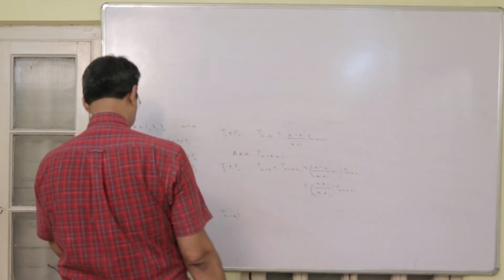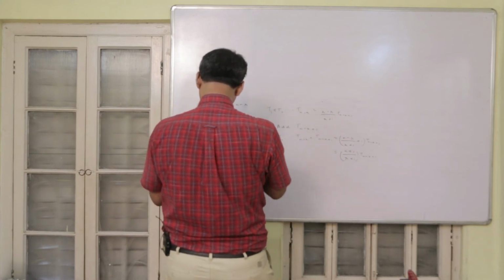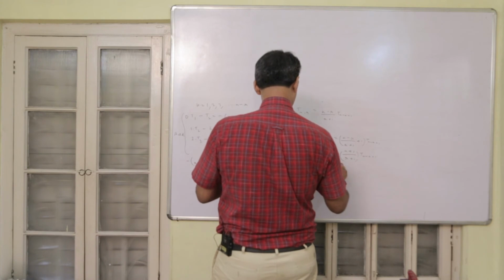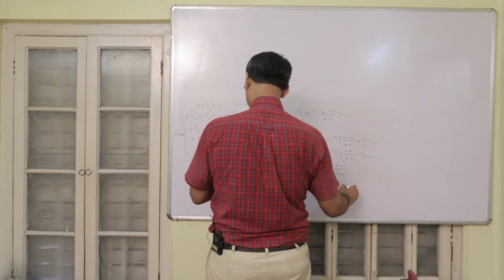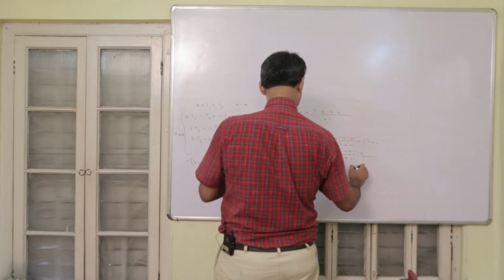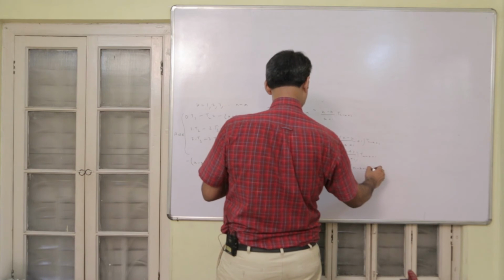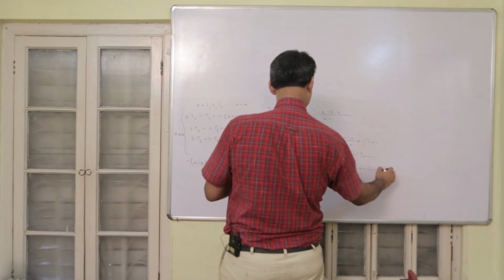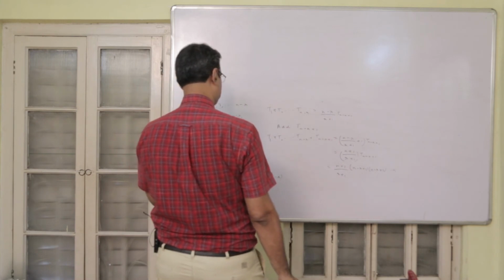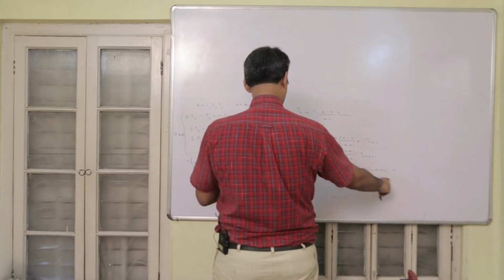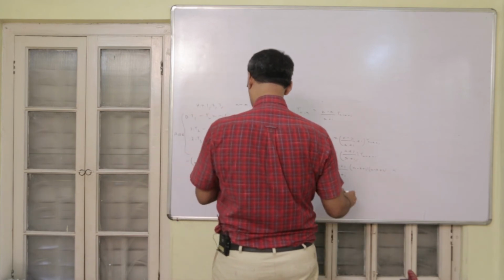So n plus 1 by r plus 1 into Tn minus r plus 1. So Tn minus r plus 1 will be equal to the product of these numbers.